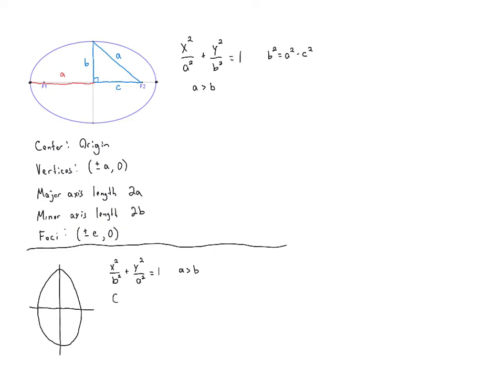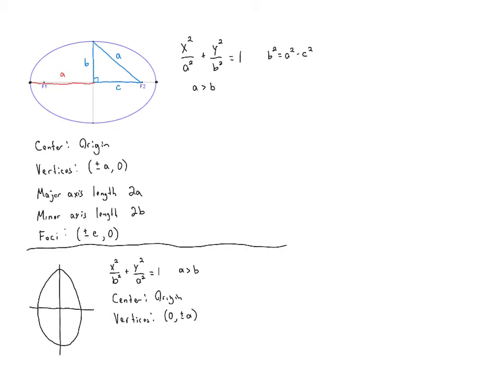So it's still going to have center at the origin, but in this case the vertices are going to be vertically placed instead of horizontally. So the vertices are going to be at (0, ±a). Those correspond to y-intercepts now, because we've got that larger coefficient underneath the y squared.